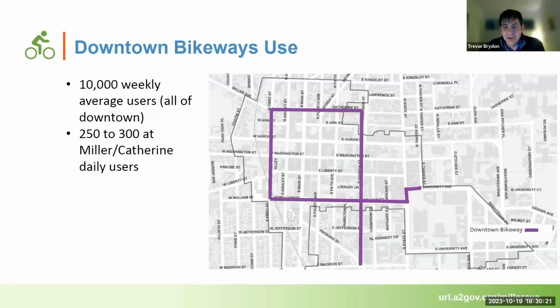As of now, those counters, if you add them all up along the bikeway, average around 10,000 weekly users across all of downtown. The Miller-Catherine section, just along the north side of that bikeway, currently registers around 250 to 300 daily users, to give a sense for how many people are using these facilities and how an extension of these cycle tracks can help feed into getting to downtown and all the way around and through downtown.